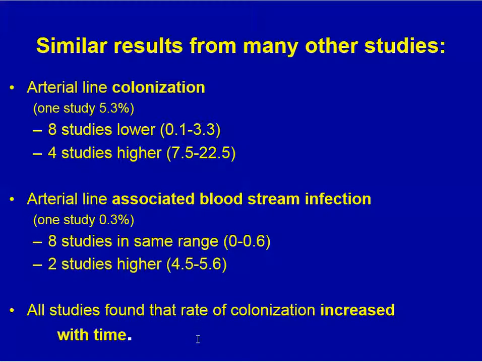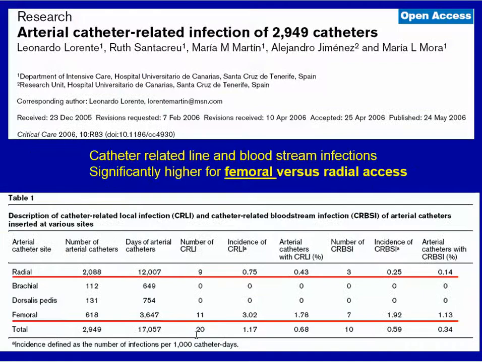All studies have demonstrated that the rate of colonization increases with time. Another important observation is that the incidence of catheter-related infections is about 3 times higher with femoral lines than with radial lines.